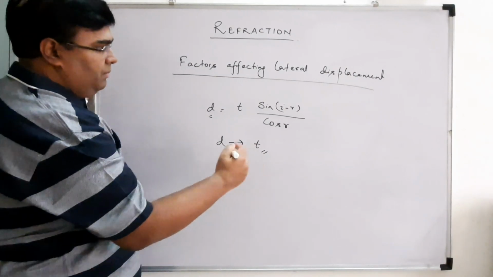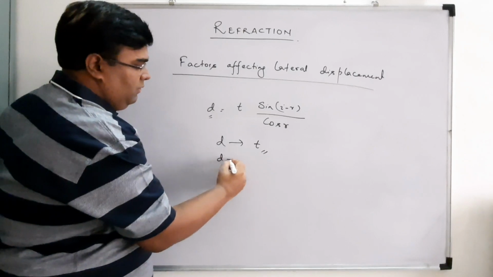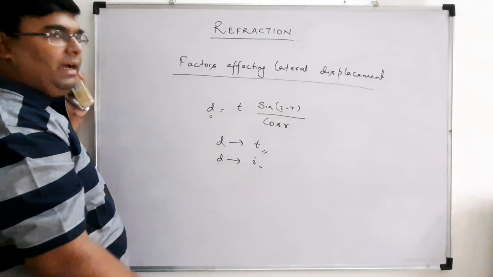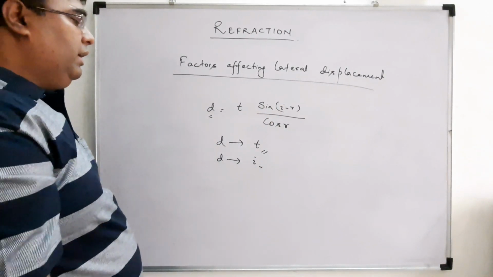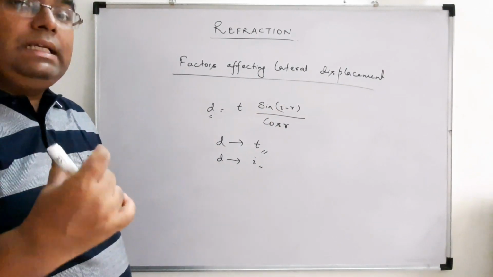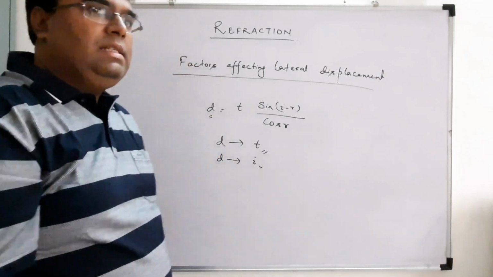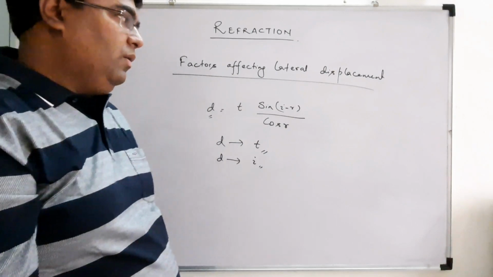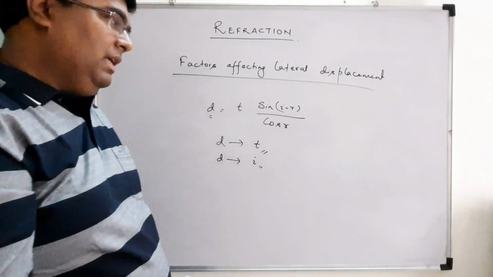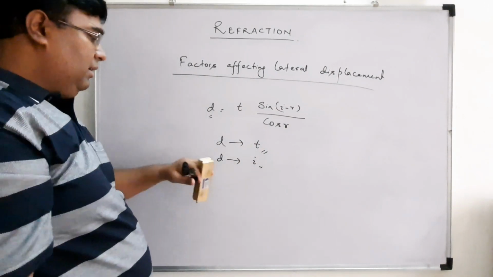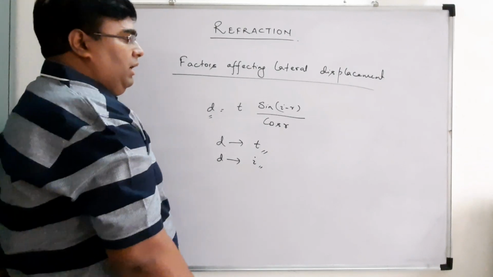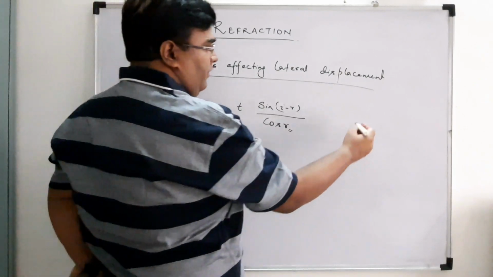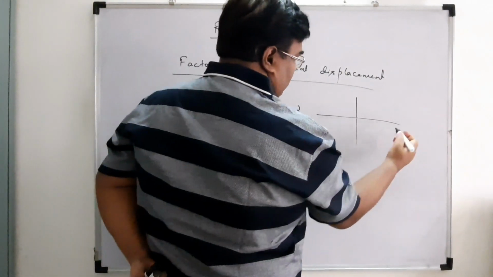Then it is also dependent on I, because sine of I minus R is there. So it is dependent on the angle of incidence. The more the angle of incidence, the more the lateral displacement. If I is less, then the lateral displacement is lesser. And again it is dependent on R also. Okay. So if the refractive index is R is what?